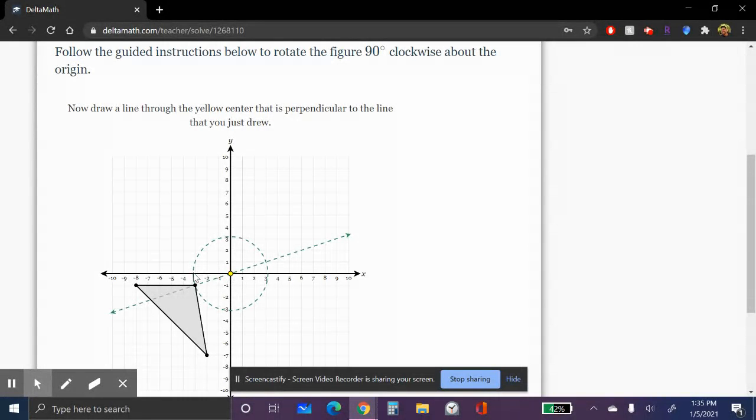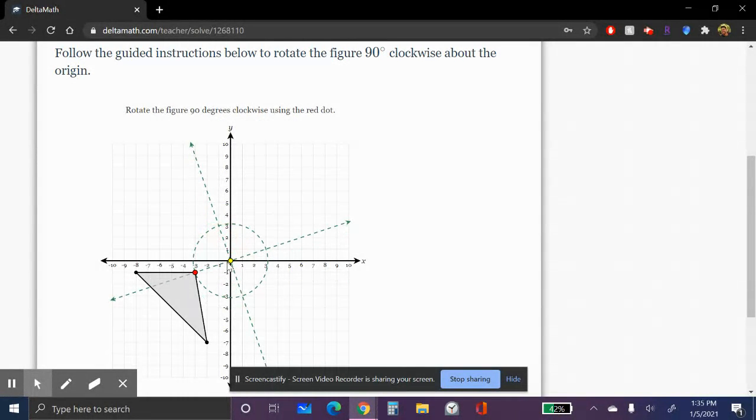If I went left 3, down 2 to get to this one, I would have to go left 1, up 3 to get to the perpendicular one. So basically, going left and down, you're instead going left and up. It makes a circle with 90-degree angles in it. This is how I would rotate this 90 degrees clockwise.